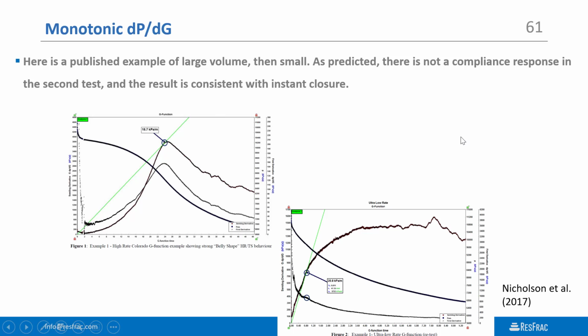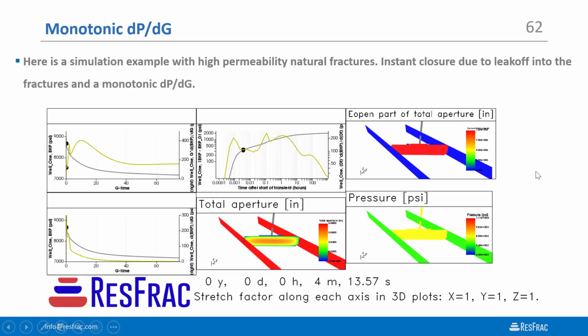And generally speaking, if you inject a large volume and then a small volume, you cannot interpret the second injection's results. At least you can't interpret them for stress. If you do, it should be instant closure, and then you have to ask, what do I know about near wellbore tortuosity? If there's any risk of near wellbore tortuosity, it could be happening simultaneously with closure and cover up your ability to estimate stress.